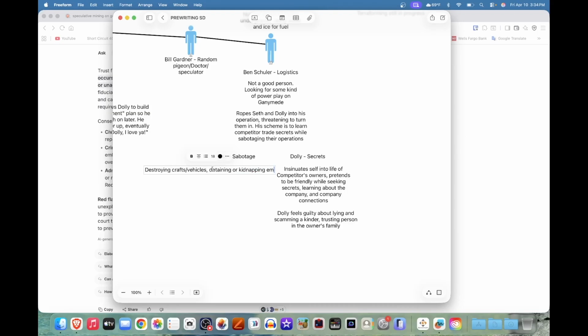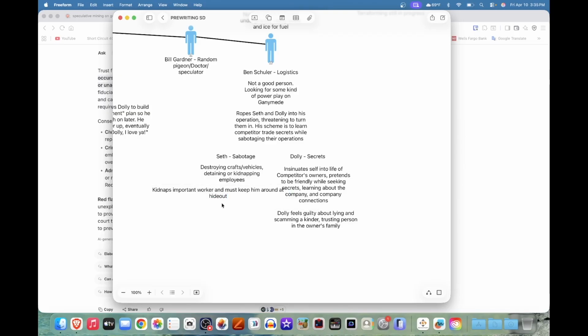We could say employees. I do like the idea of Seth kidnapping someone important and having to deal with him, keep him around. Well, maybe VIP is the wrong word. Kidnaps important worker and must keep him around at hideout or something like that.